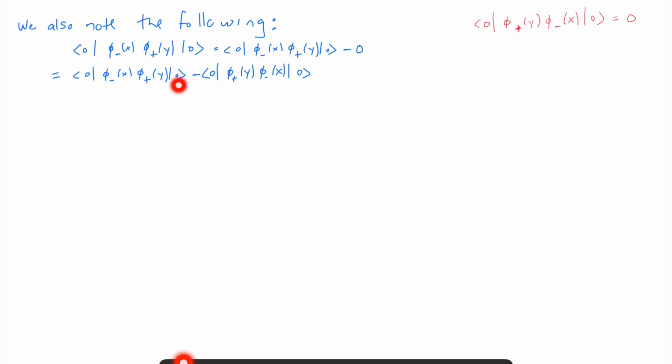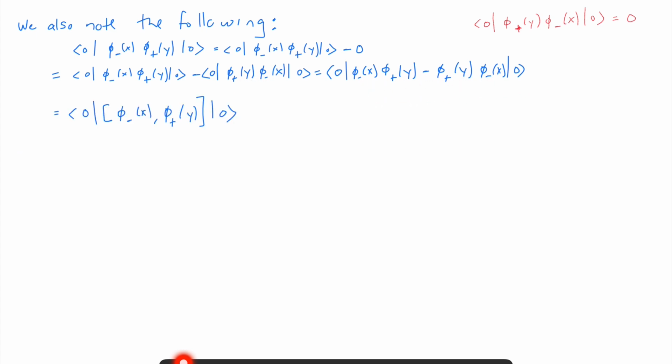But now I have the inner product. I can take out the inner product and just look at the middle part and factor things out. So now I can bring the inner products out here, and just take these two operator terms in the middle. Take a look at that. Now this is phi minus, phi plus, minus phi plus, phi minus, and the appropriate x and y's that I'm not mentioning, but you can see.